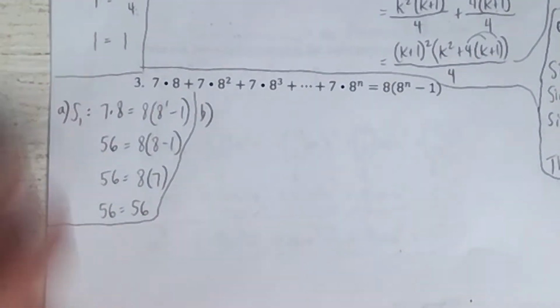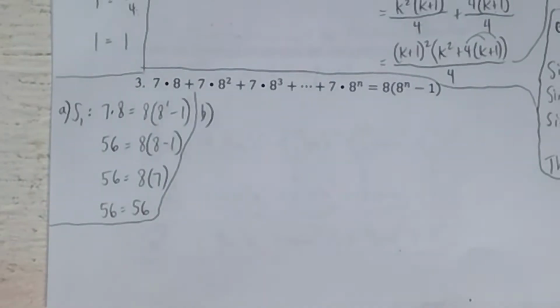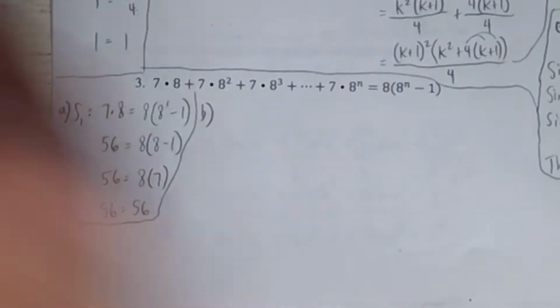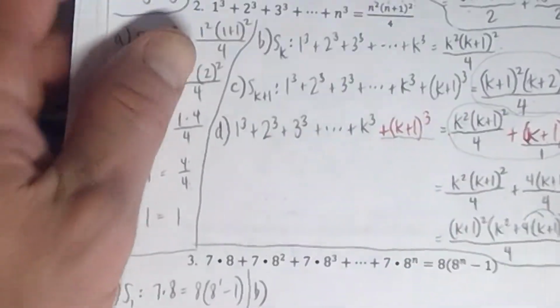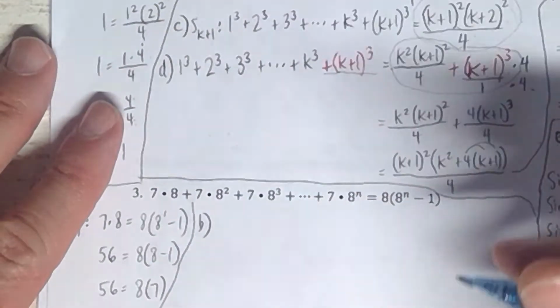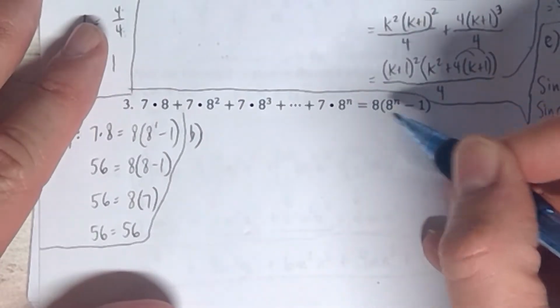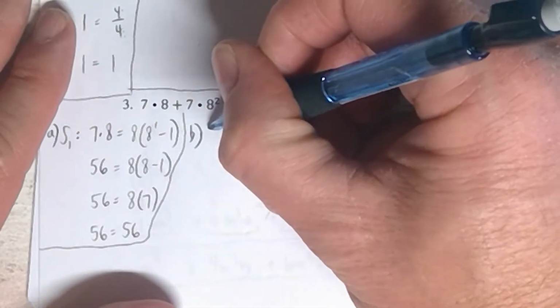Part B is to then write down what we call SK. And so that would be plugging K into wherever you see the N, and that's all you got to do.